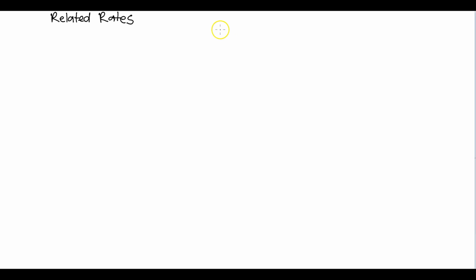So imagine we had a square. This is our square with side length s, and s is constantly changing.